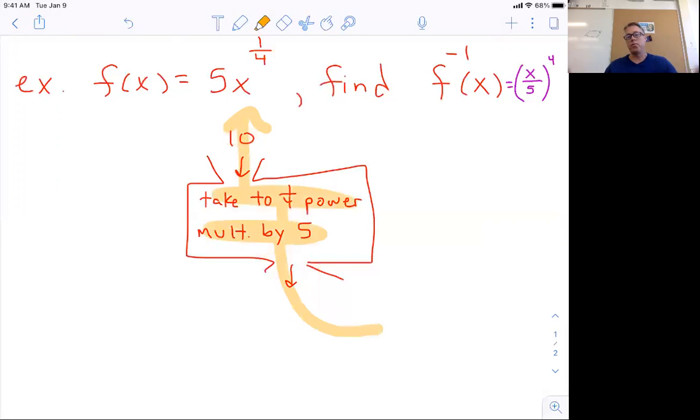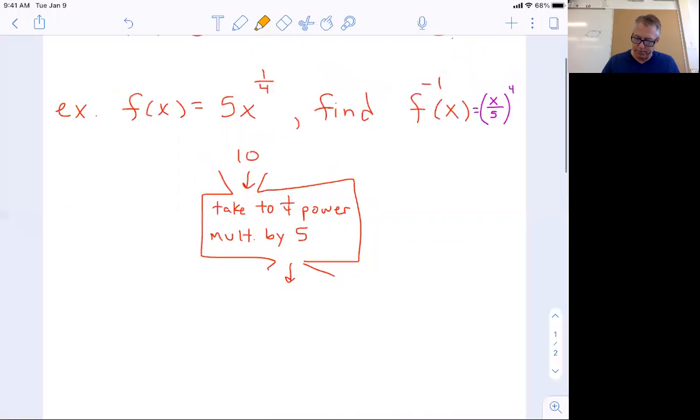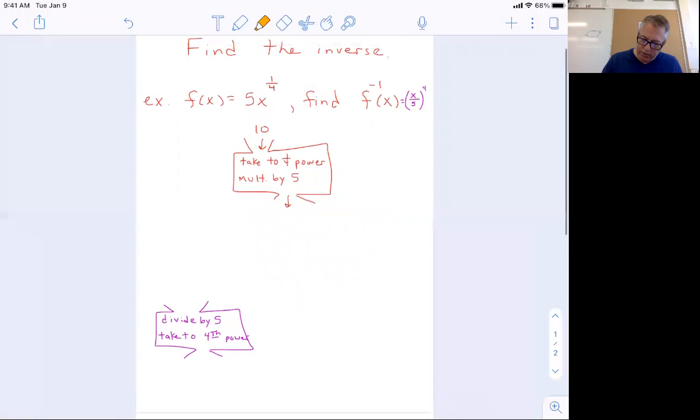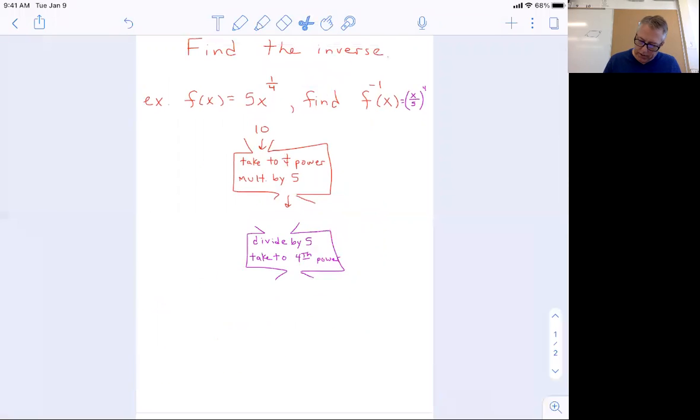So that's kind of another visual for you. So if we start down here and we have to undo multiply by 5, we're going to divide by 5 and then undo this, take it to the 4th power, and that's going to get us right back to where we started. That's what an inverse function does. Okay. So however helps you guys think of how to do that.